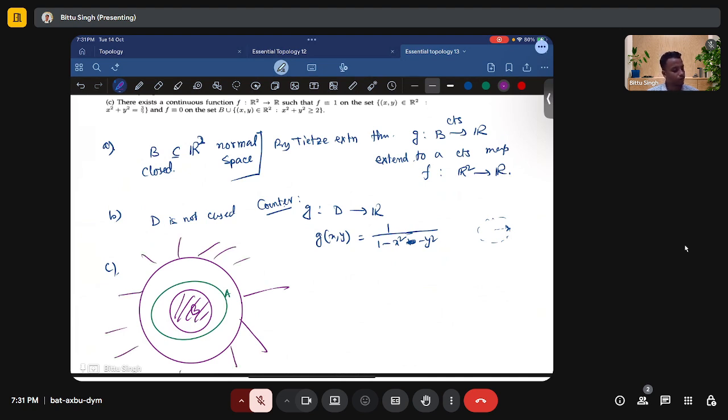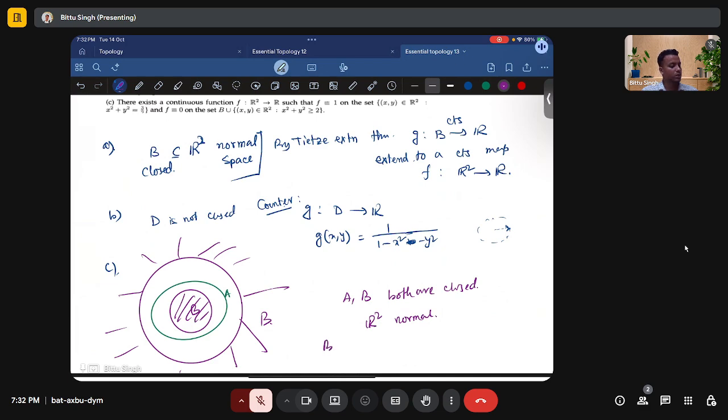So those are B. So note that A, B both are closed. Both are closed. And R2 is a normal space.